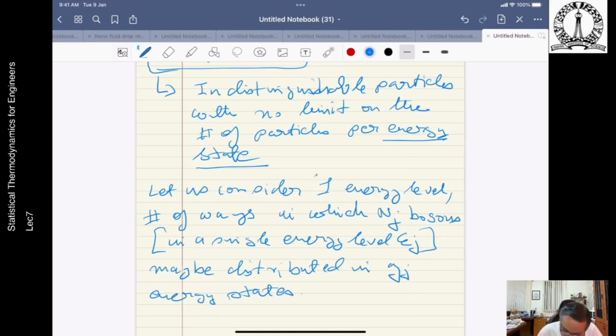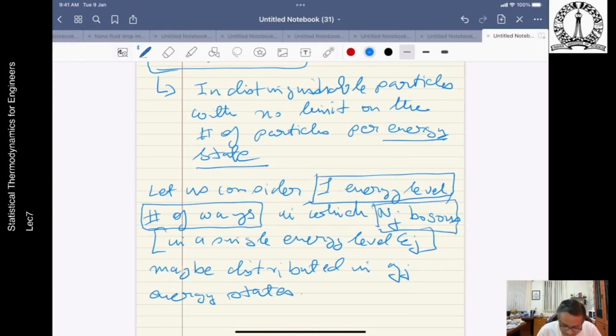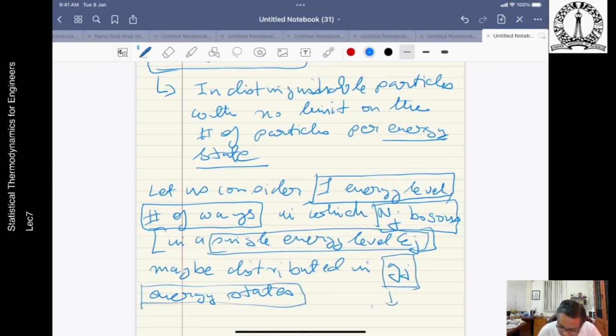Because Bose-Einstein statistics are for bosons, we consider one energy level and see the number of ways in which NJ bosons in a single energy level EJ may be distributed in GJ energy states, where GJ is the degeneracy.